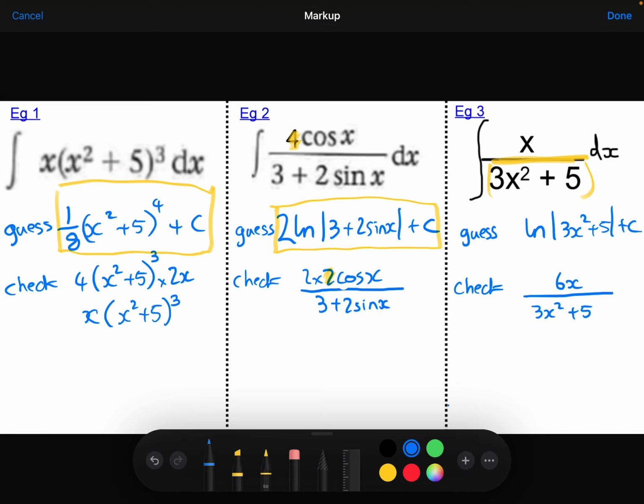Right, compare that to the original integral, and I've got something that's 6 times bigger than it should have been. So that's telling me I need to divide by 6. And that is my answer: 1/6 ln 3x squared plus 5 plus c.